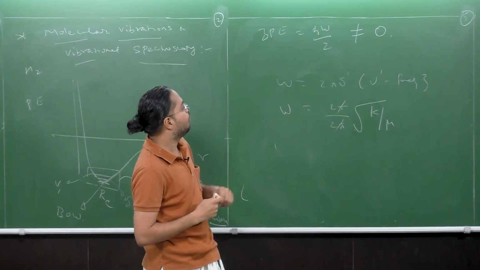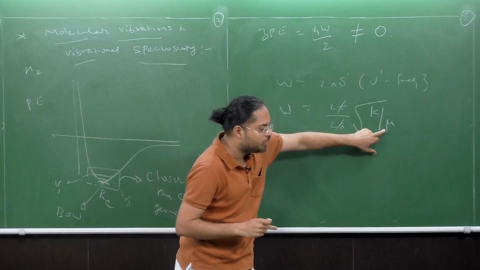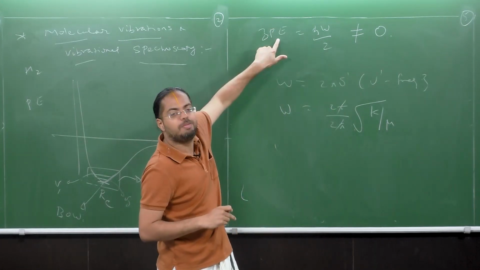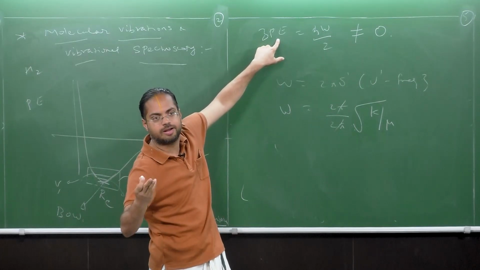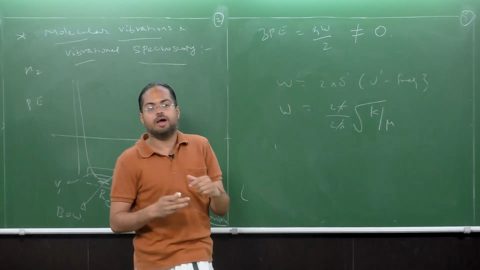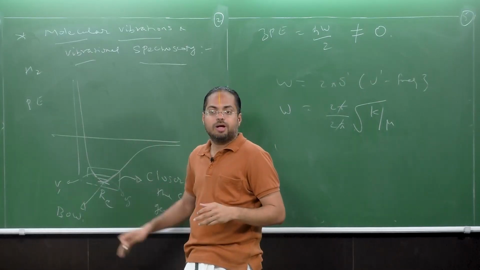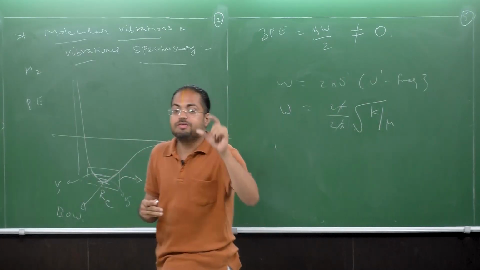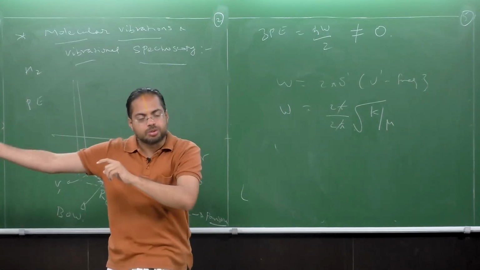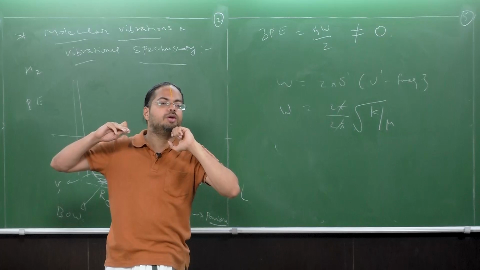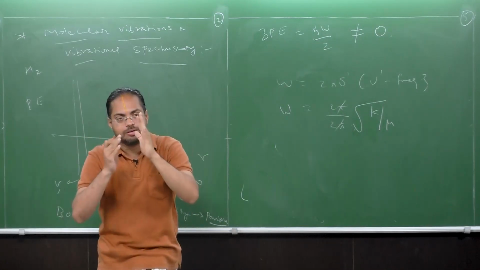So now, because there is a mu dependence, for different isotopes the ZPE is going to be different. Therefore, from vibrational spectroscopy, you also get to know about the abundances of the various isotopes, just like we saw with rotational spectroscopy, wherein for carbon monoxide we looked at the isotopic patterns.